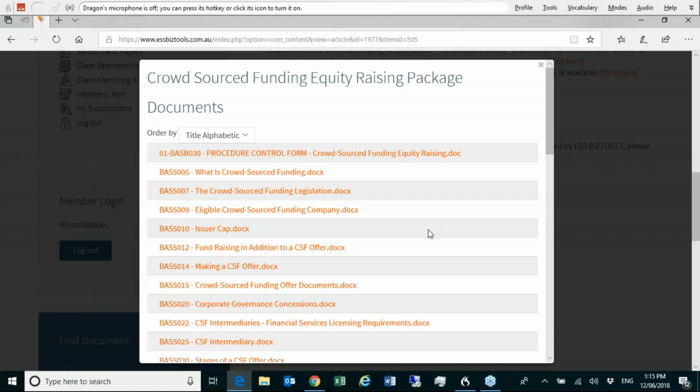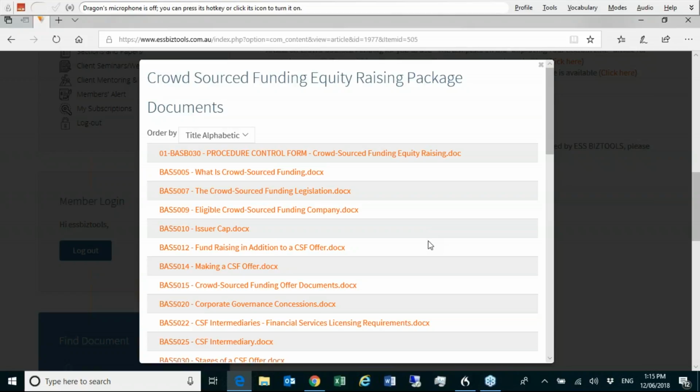As you're probably aware, the Parliament is currently debating amendments to that legislation which will enable a private company to then have a category of shareholders called crowdsource funding shareholders.